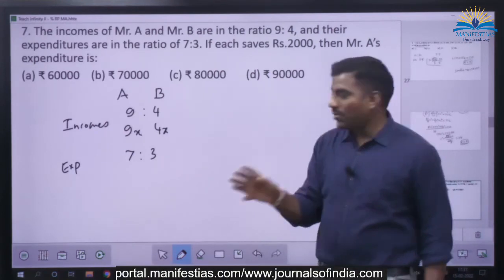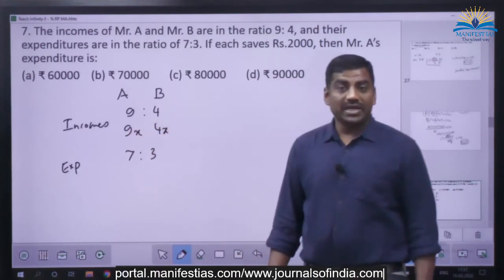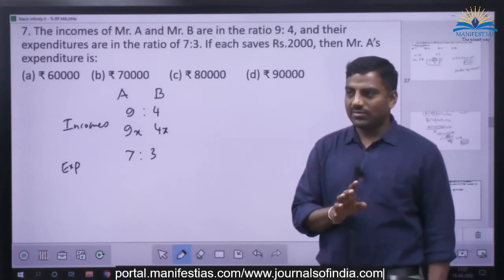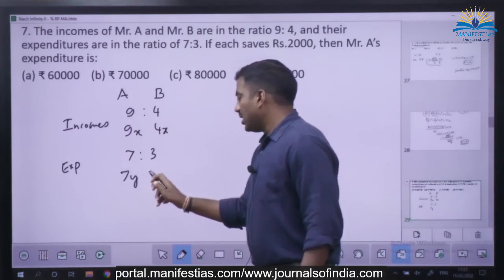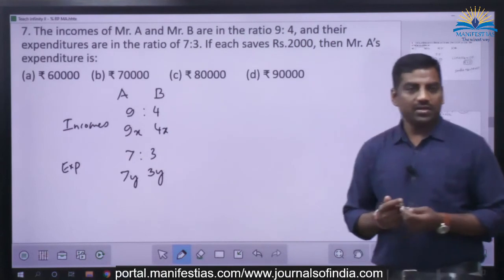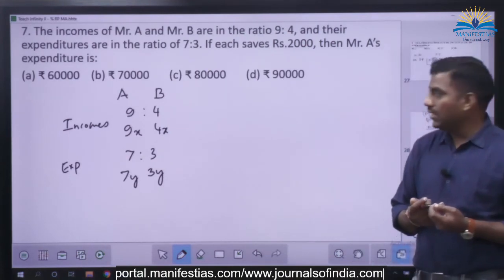It should not be programmed that when they earn 9,000 and 4,000, they have to spend 7,000 and 3,000. That is not correct. So we have to take 7y and 3y. That is a completely different scene altogether.